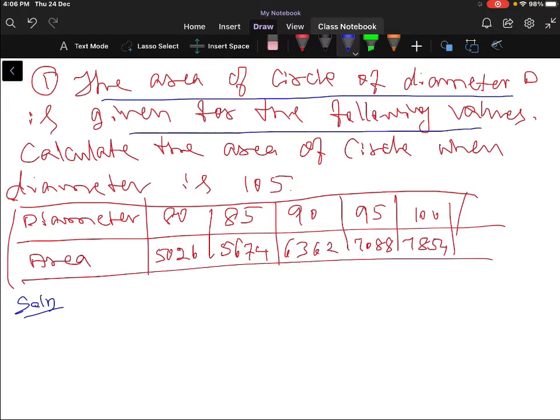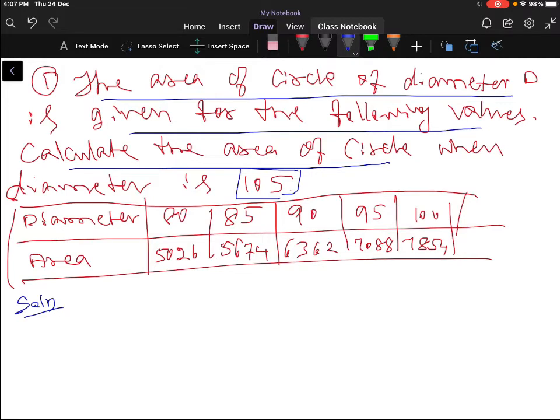Take a first problem. The area of a circle of diameter d is given for the following values. Calculate the area of the circle when the diameter is 105. In the table we have the diameter 80, 85, 90, 95, 100, and the corresponding area 5026, 5674, 6362, 7088 and 7854.